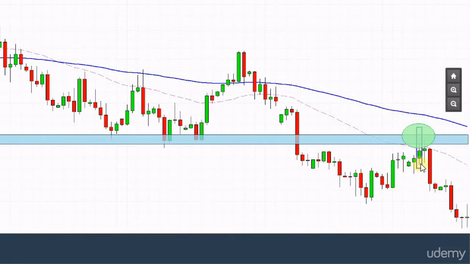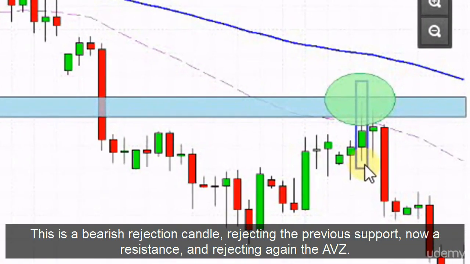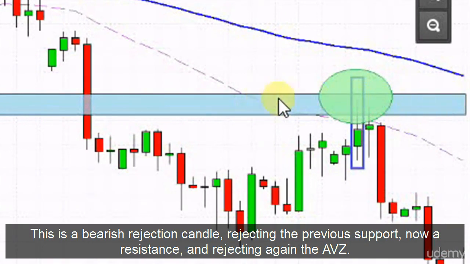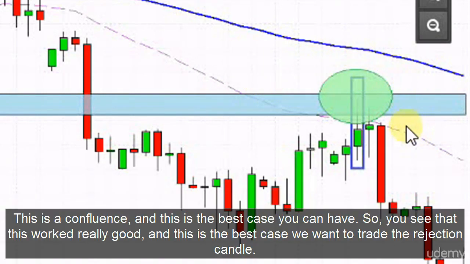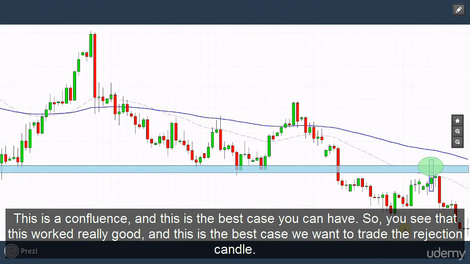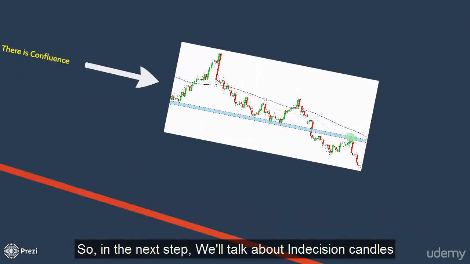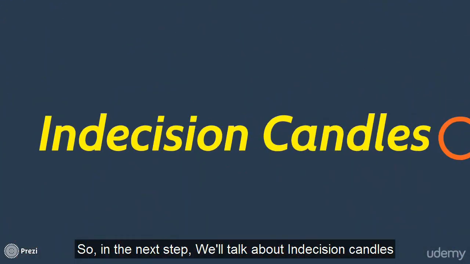So this is a bearish rejection candle rejecting the previous support, now a resistance, and rejecting the AVZ again. So this is a confluence and this is the best case you can have. You see that this worked really well, and this is the best case we want to trade with rejection candles. So in the next step we will talk about indecision candles.